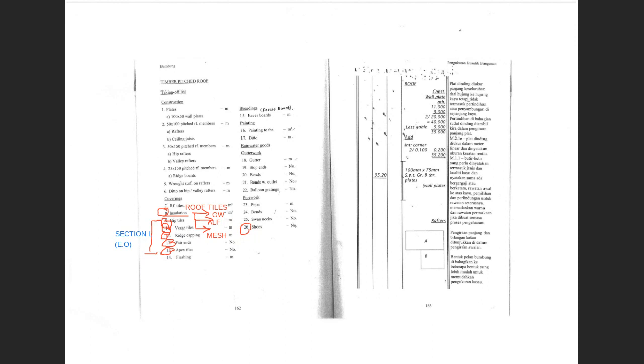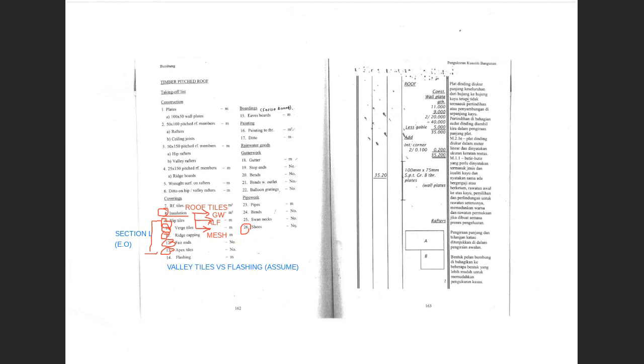Okay, now number 14, this is optional compared to another option where you did not have valley tiles. So it's either valley tiles versus flashing. Okay, so if there is no information about valley tiles, we shall assume that we use flashing. We use flashing other than valley tiles because valley tiles are not really common unless you are given the detail.